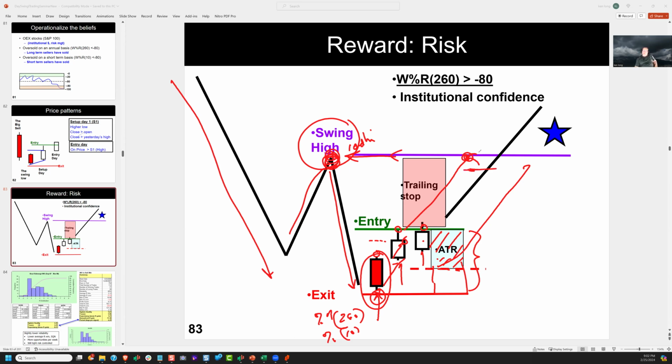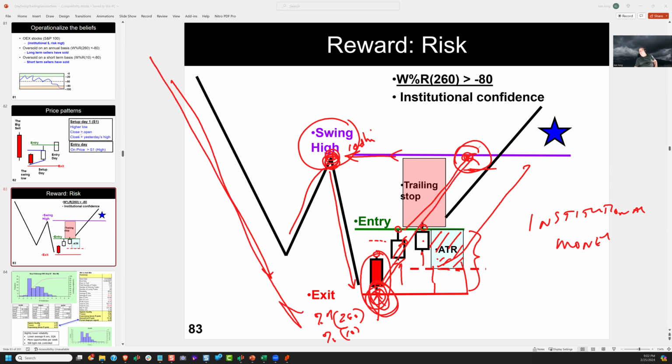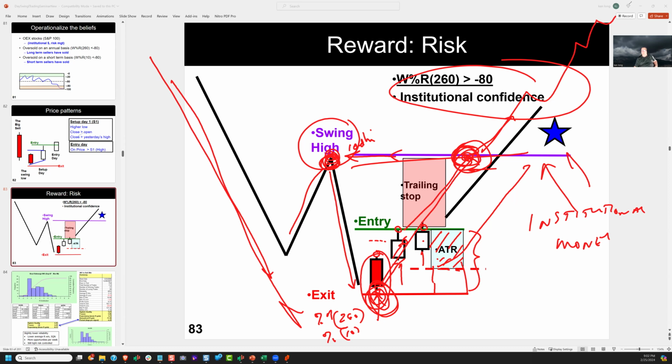But this is also the place where if institutional money takes an interest in buying a quality stock on sale after a huge sell-off, if this thing gets all the way back to the previous swing high and then continues to go, I'm going to take that as institutional money coming in, and I'll be ready to start trading that with COTA 2s all the way up.